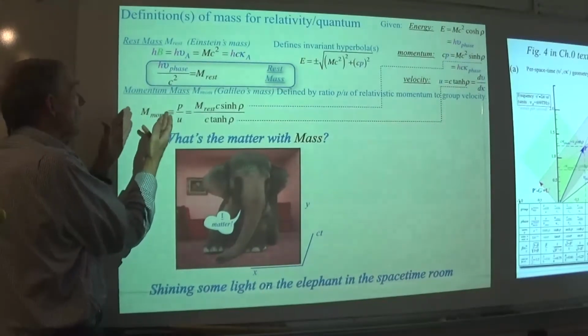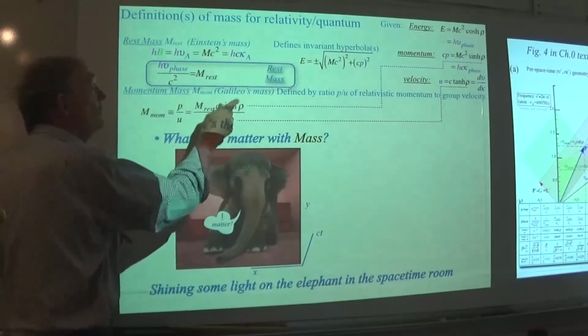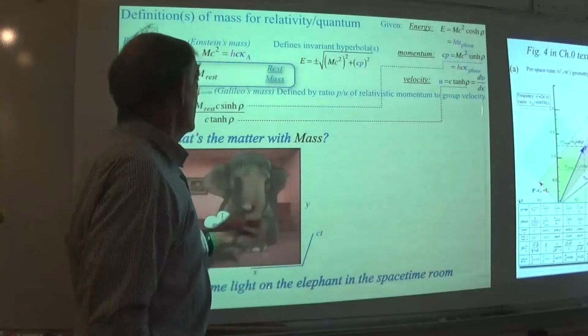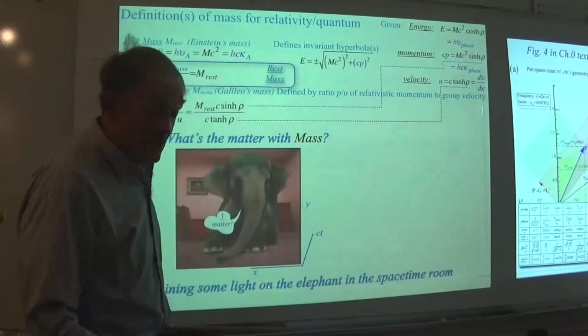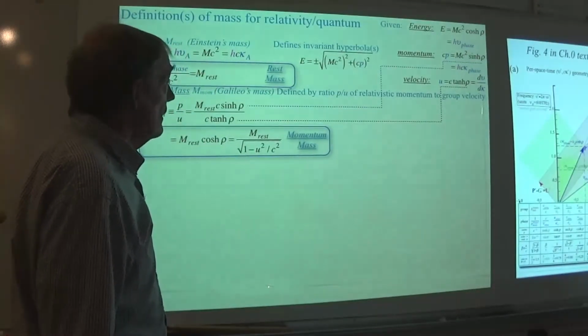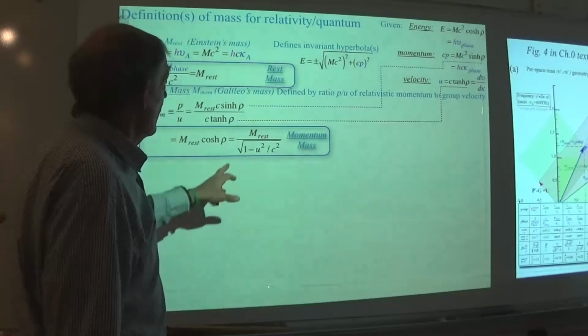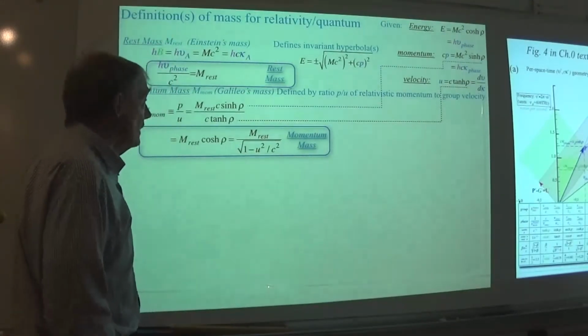Okay? So I'm looking here just at the mass. I'm going to divide the velocity into the p. But I'm going to use these new guys, all right? Well, hyperbolic sine, this is hyperbolic sine over cosine. When you get done doing that, you see very quickly that you're going to be getting this very famous formula for momentum mass, which is just the hyperbolic cosine.